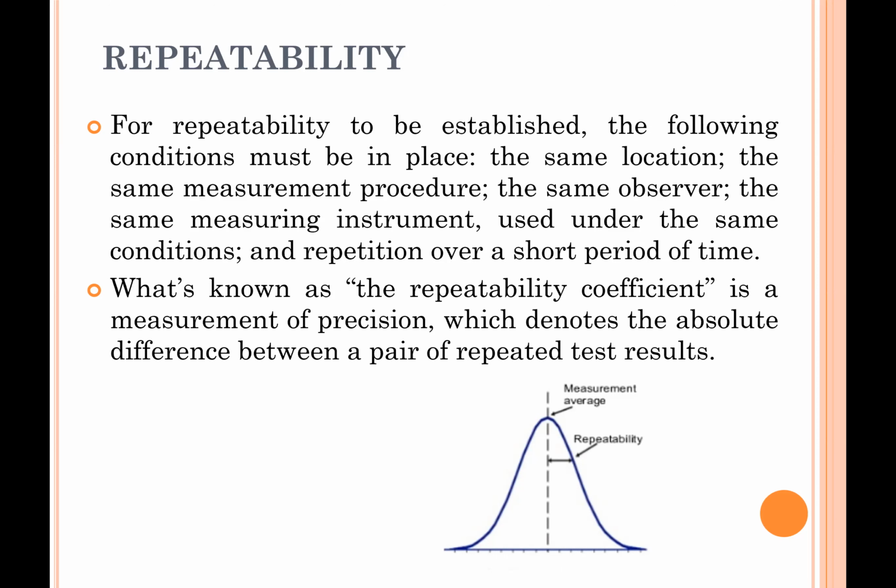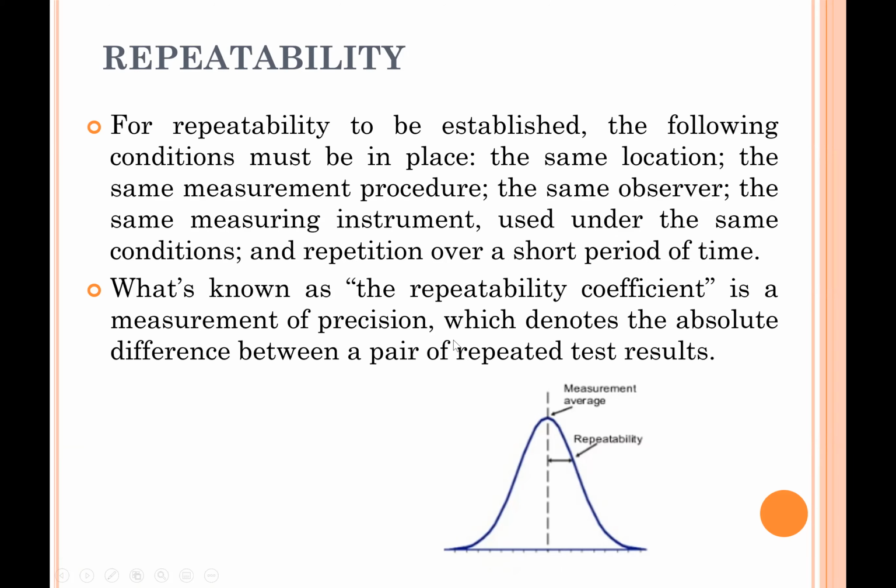Under all these conditions, if I am repeating the measurements over a short period of time, is my instrument capable of giving me the same value? That is called repeatability. Okay, and it's known as the repeatability coefficient. It is actually a measurement of precision.